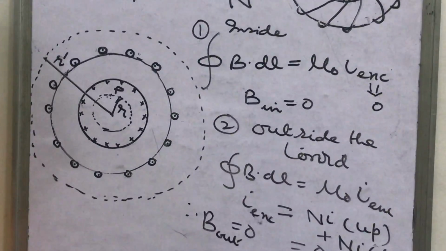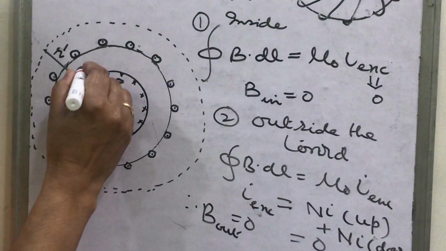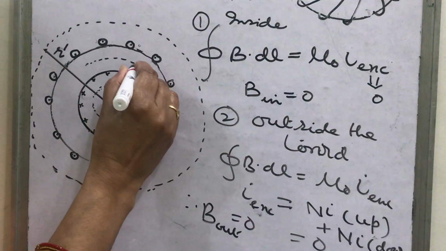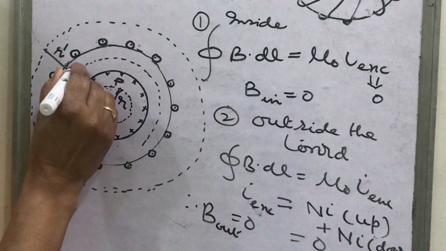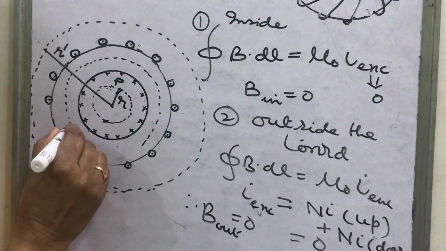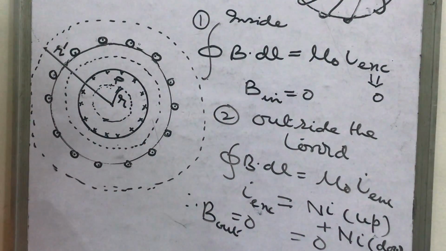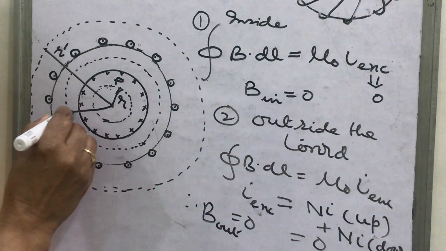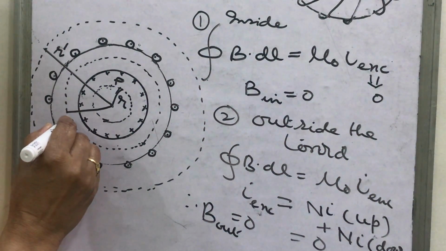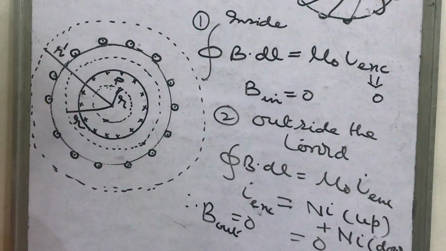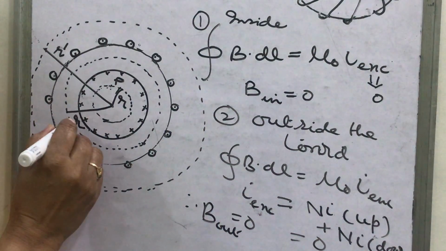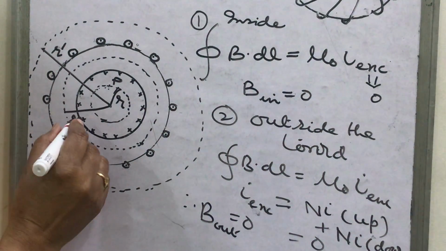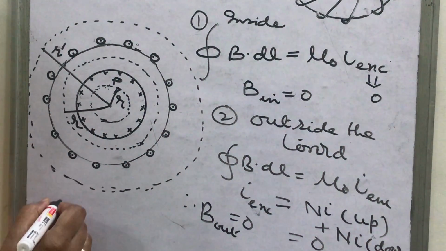Now let us discuss what will be the magnetic field within the toroid. Suppose we draw another Amperian loop. This Amperian loop is of radius r. Then what is Ampere's circuital law?